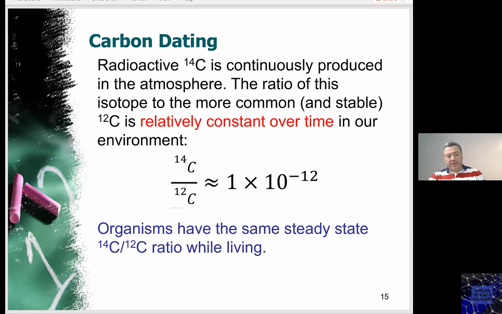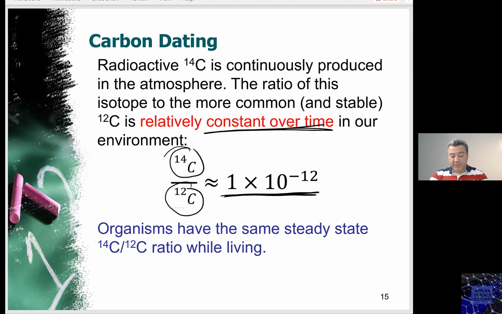Carbon dating is basically utilizing this decay phenomenon for the carbon. The ratio between the C14 to C12 is constant over time, and it's given almost by 1 to the power minus 12. Organisms have the same steady state ratio while living.